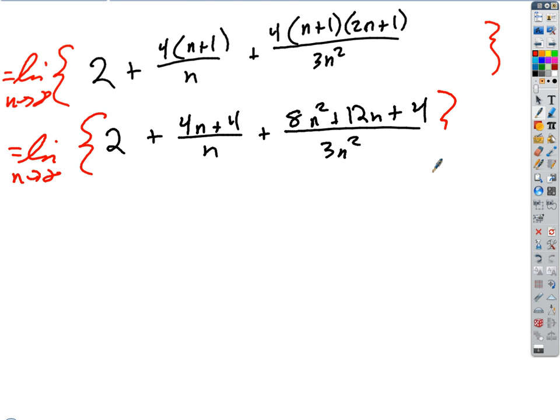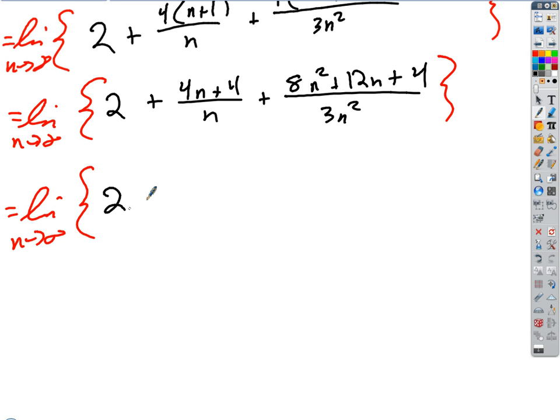And if I split these into separate terms and divide them all out, then look what happens. So I'm going to get 2 plus, if I split that into separate fractions, what do they simplify to? What's the first one going to be? 4. Second one? First term? 8/3. Second term?